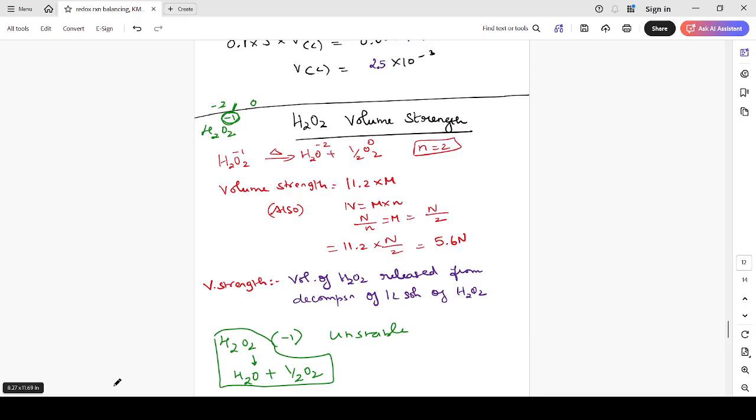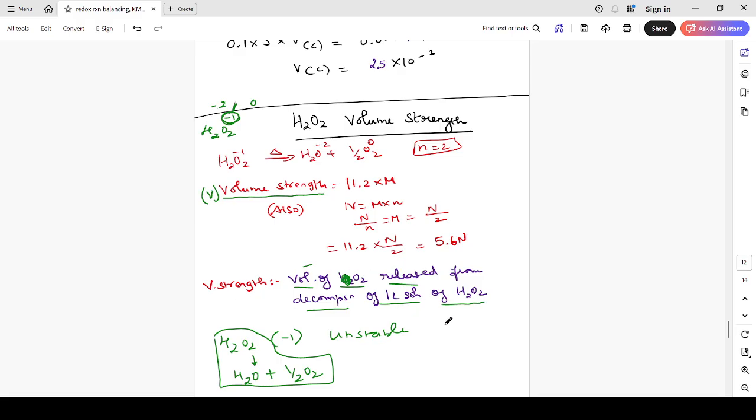As we mentioned, there are molarity, normality, mole fraction, etc. For hydrogen peroxide also, we have a specific term for expressing its concentration, and that is volume strength, given by the symbol V. Volume strength corresponds to the volume of oxygen released from decomposition of 1 liter of hydrogen peroxide solution.